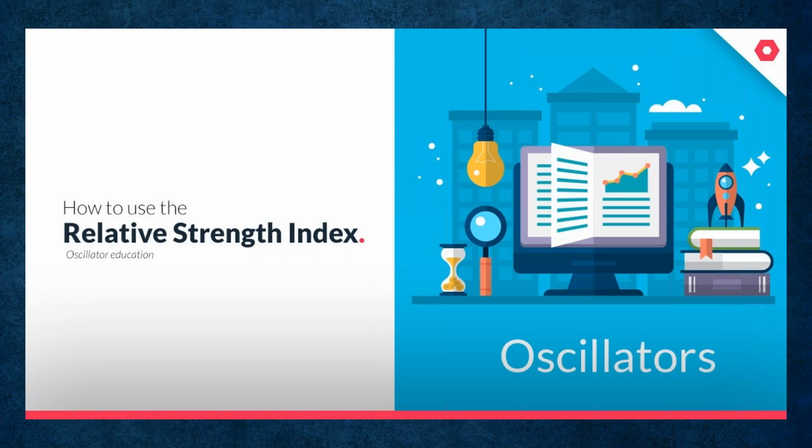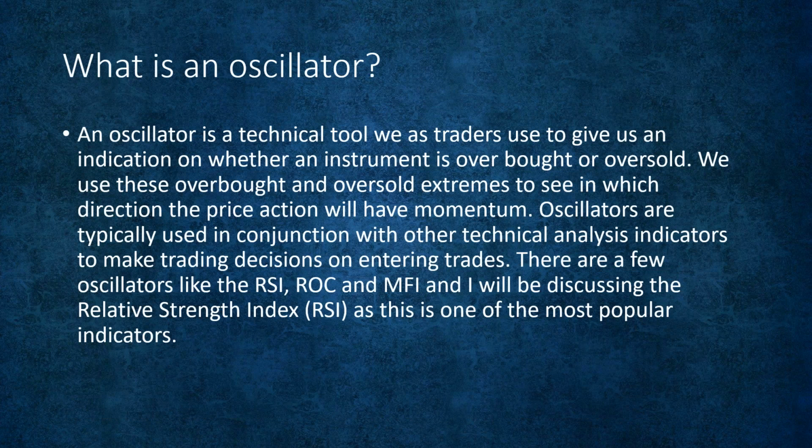So let's talk about this oscillator. RSI falls into a class of oscillators known as bounded oscillators, because the value will always come out between 0 and 100. So it's bounded within that range. An oscillator is a technical analysis tool we as traders use to give us an indication of whether an instrument is oversold or overbought.